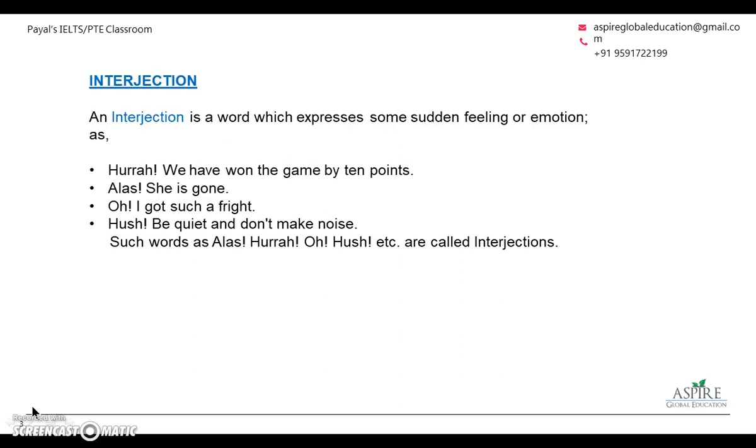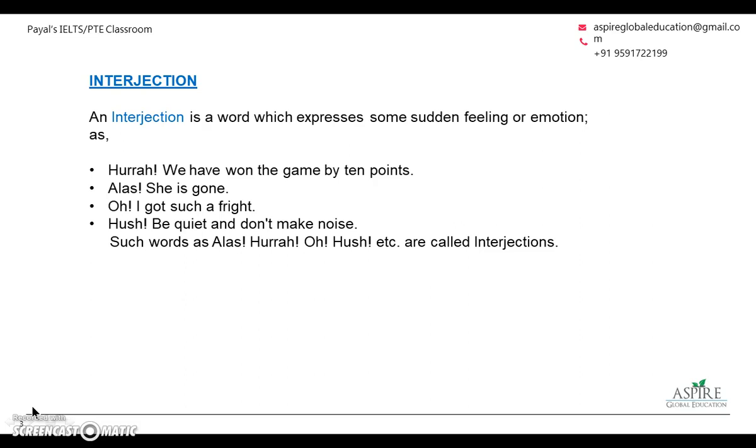Now, what is interjection? Interjection is a word which is used to express some strong feeling or emotion. Hooray, we have won the match. Alas, she is gone. Hush, be quiet and don't make noise. Now, these kinds of sentences are not used in formal writing and speaking at all because there we are giving generic information.